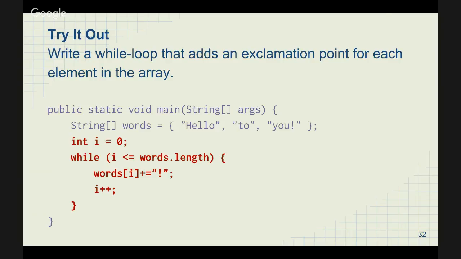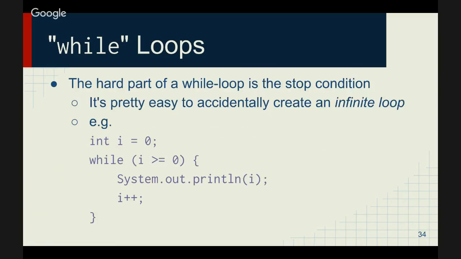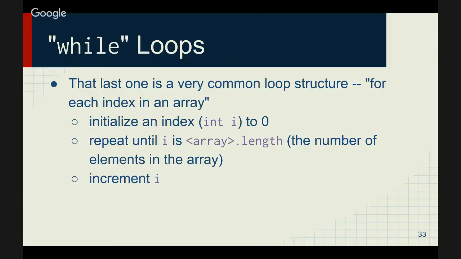So we can also use a while loop to go over all of the elements of an array. A for each loop is a simpler way to do this. So the only reason we would want to do this is if we need the index, right? But we could do this by starting with the index at 0, repeating until it's array.length, which is how you get the length of the array, and then we would increment, right? So that's one way that you can use a while loop.